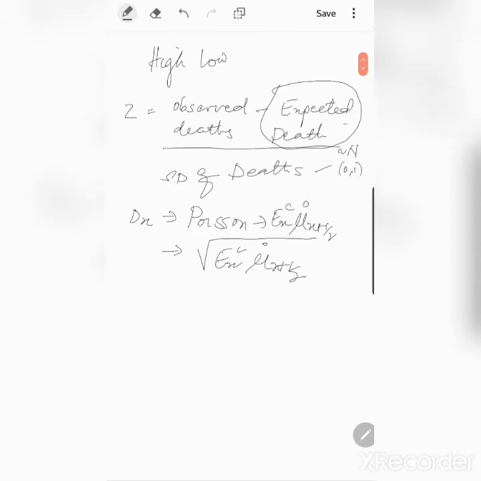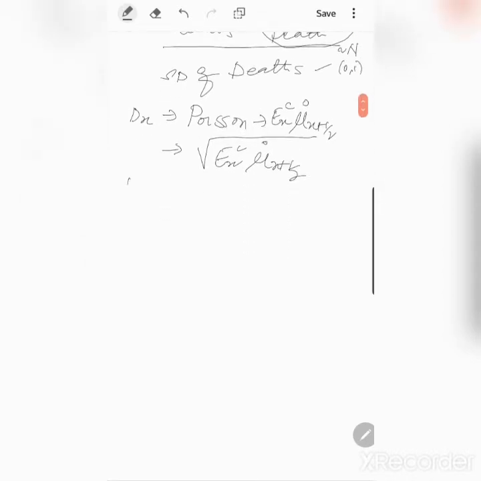The same logic applies if I'm using dx modeled using a binomial distribution. Then my mean would be exposed to risk multiplied by qx graduated, and the standard deviation would become the square root of the exposed to risk multiplied by qx multiplied by 1 minus qx.